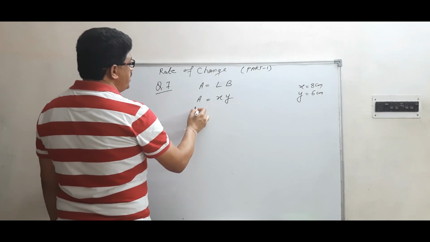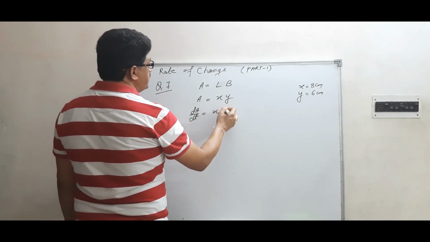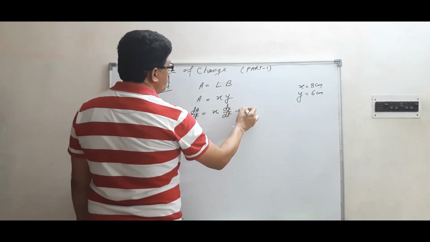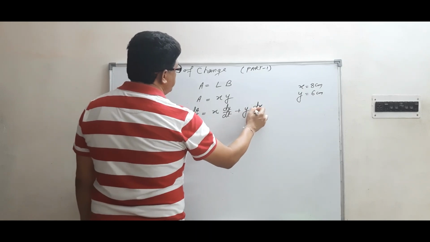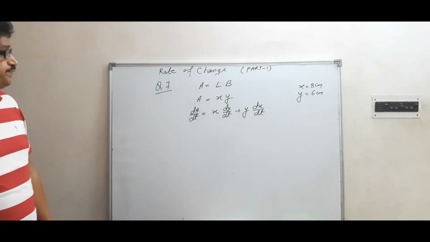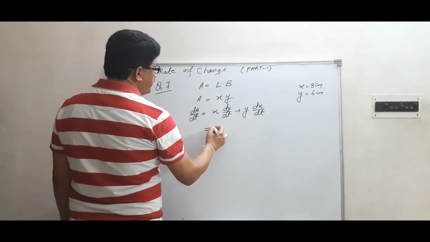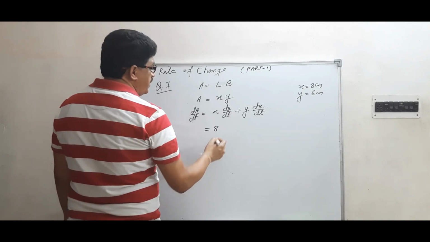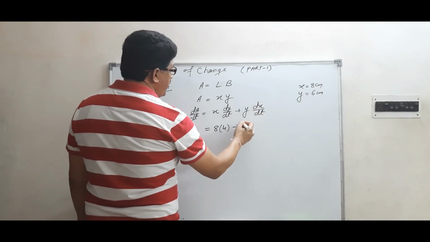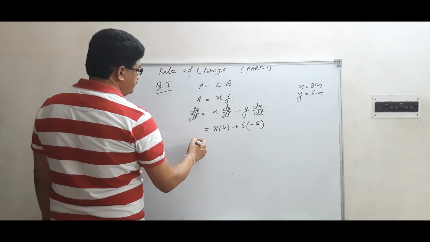Then dA upon dt is x dy by dt plus y dx by dt, differentiating by the product rule. x is given 8 and dy by dt is 4, plus y is given 6 and dx upon dt is minus 5.